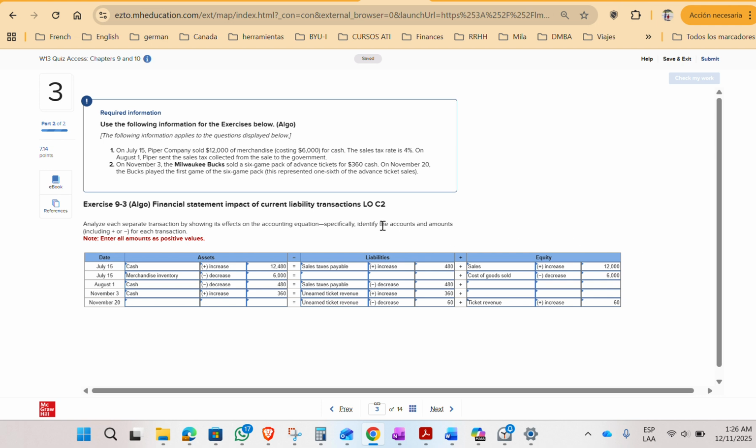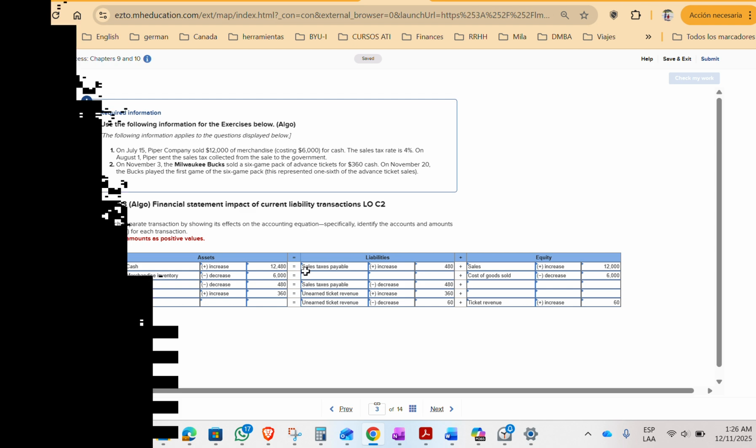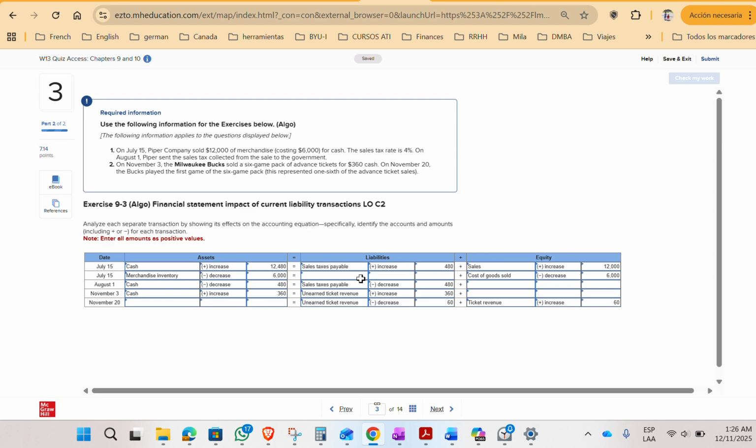For example, we talk about the July 15 transactions. In assets we have the cash because it increases the cash, and the complete amount is 12,480.